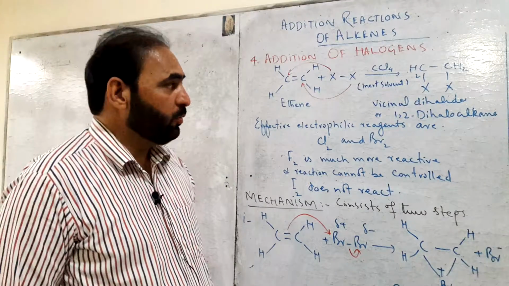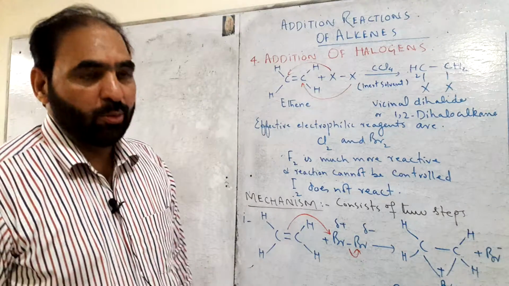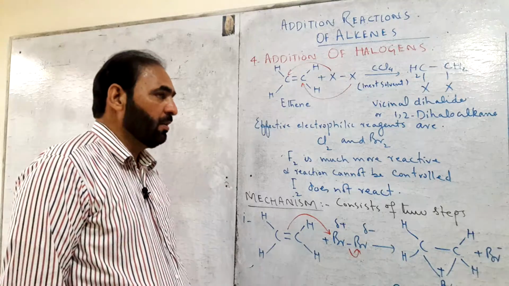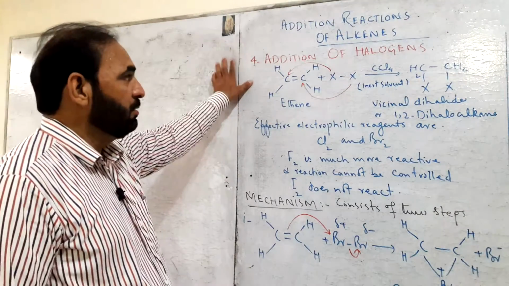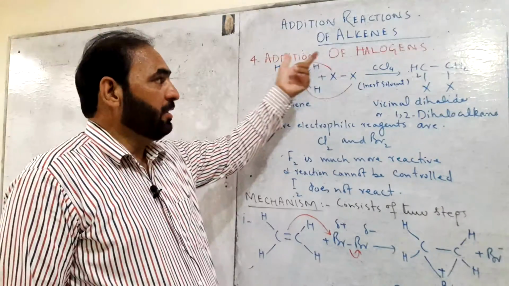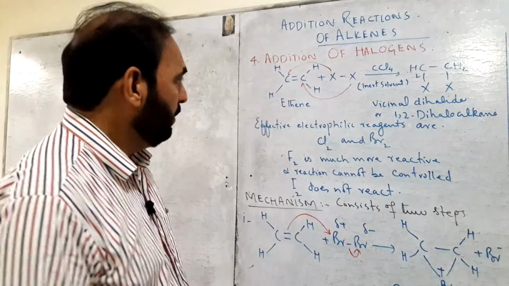In today's lecture, we are going to complete the remaining two addition reactions of alkene. At number 4, addition is addition of halogens: chlorine, bromine, iodine.